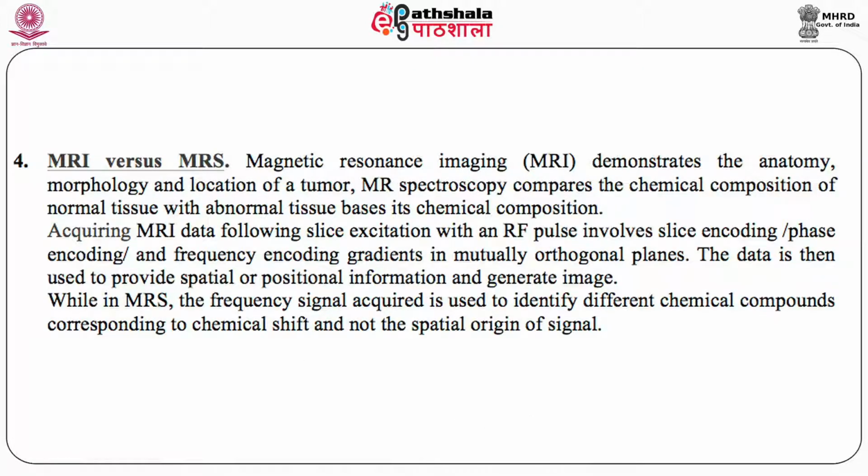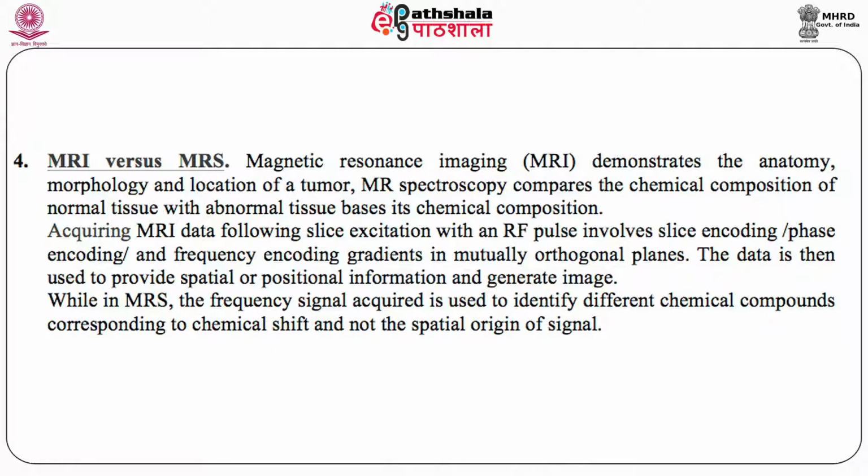MRI versus MRS. Magnetic resonance imaging, or MRI, demonstrates the anatomy, morphology and the location of a tumor, whereas MR spectroscopy compares the chemical composition of normal tissues with abnormal tissue on the basis of its chemical composition. Acquiring MRI data following slice selection with an RF pulse involves slice encoding, phase encoding and frequency encoding gradients in mutually orthogonal planes.